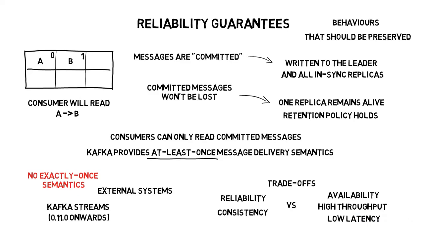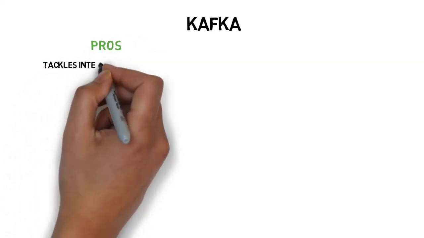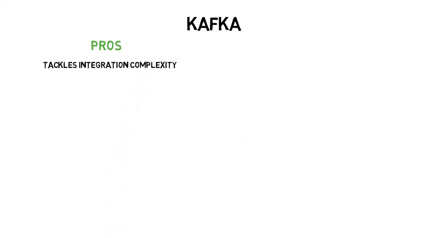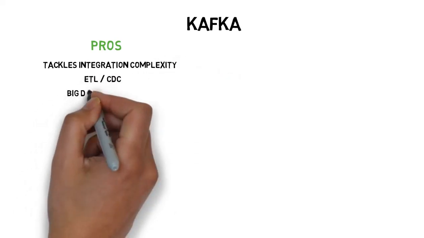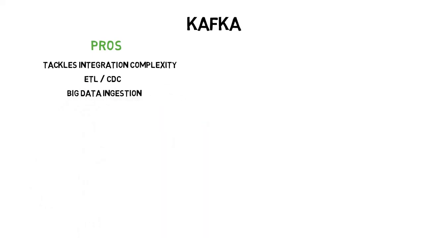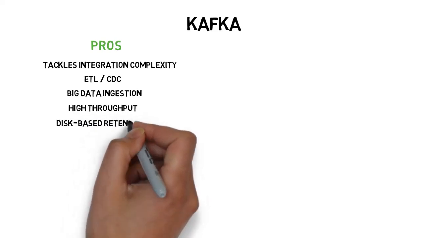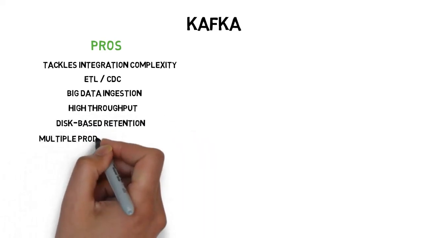Let's review both the pros and cons of choosing Kafka. Pros: tackles integration complexity. Great tool for ETL or CDC. Great for big data ingestion. High throughput, disk-based retention, supports multiple producers and consumers.